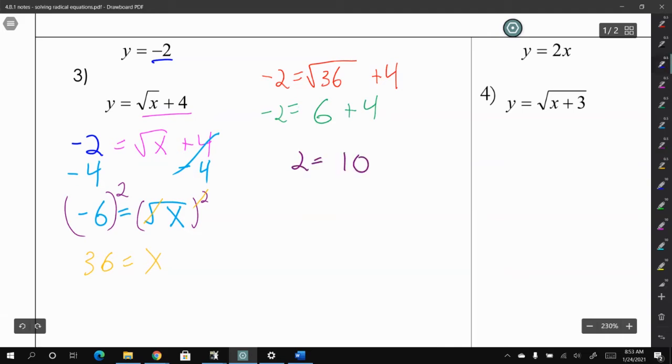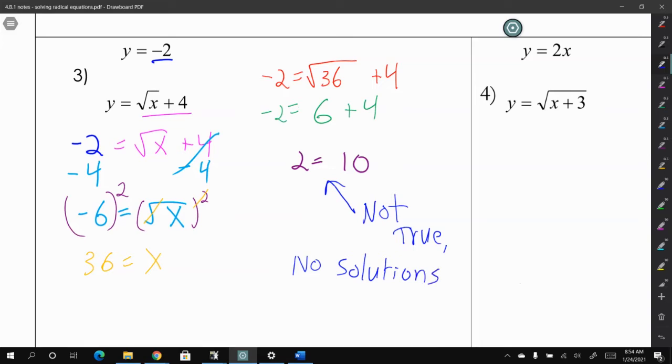That's not true. So there's no solutions. So yeah, when you are squaring both sides, you need to double check your answers to make sure they work.